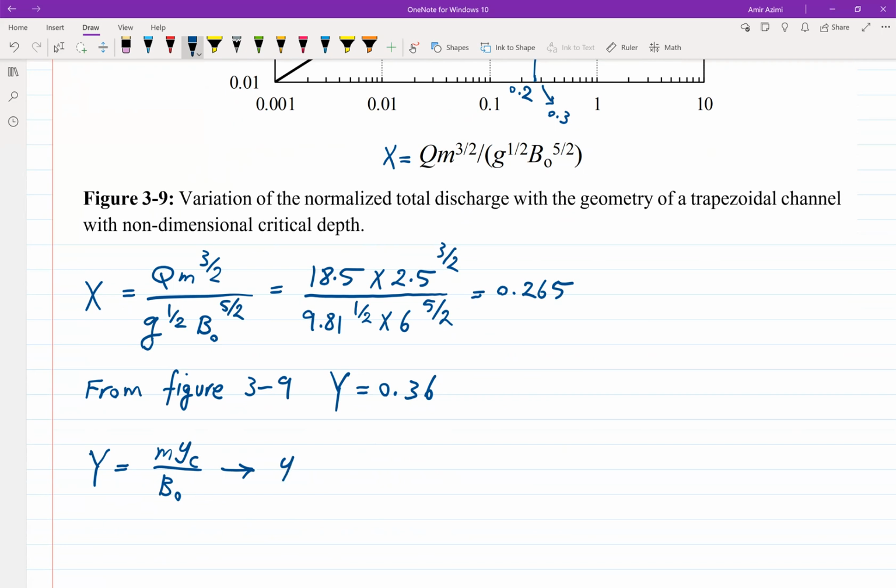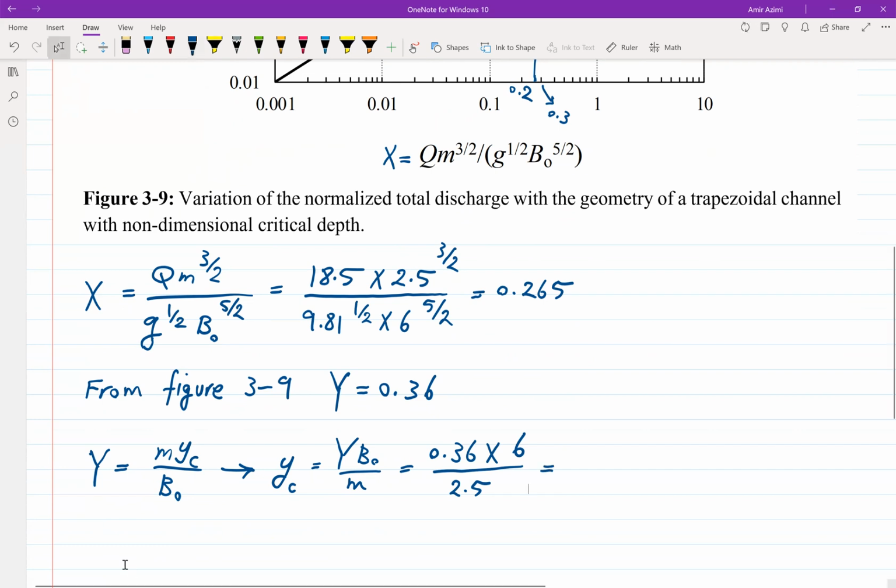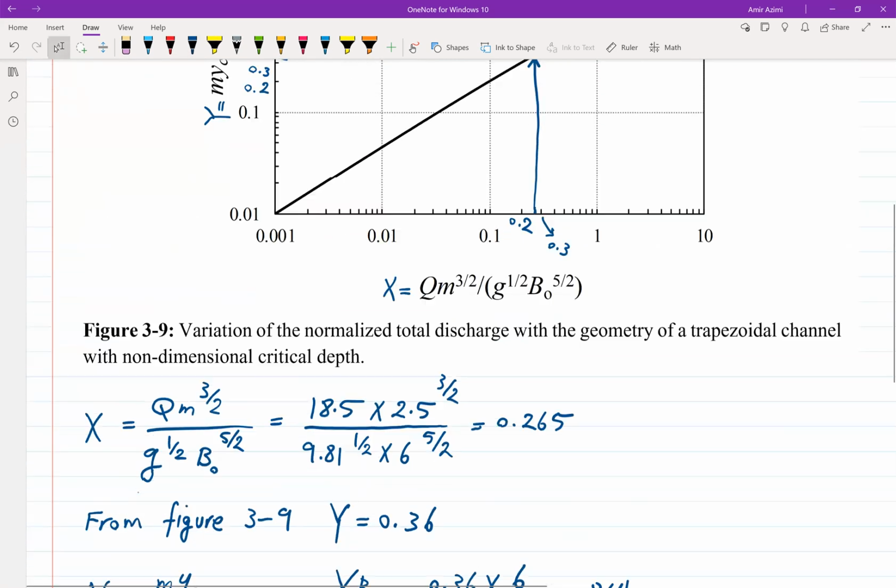Therefore yc is equal to y b0 divided by m. So 0.36 times 6 divided by 2.5, which gives us 0.864 meter. So this is the solution when you use the graph.